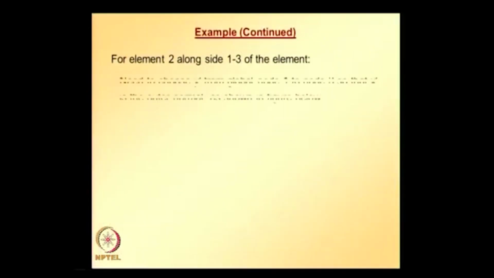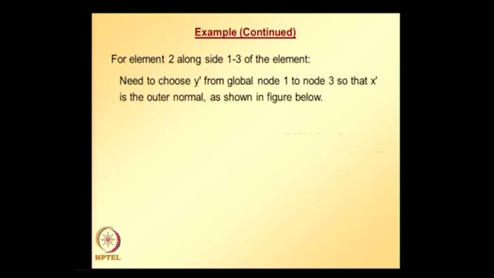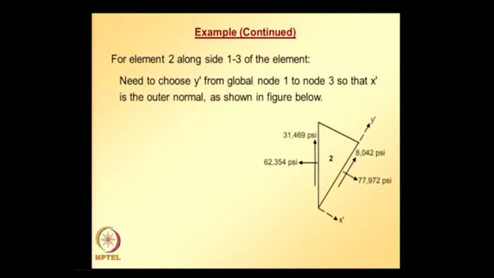For element 2 along side 1 3, let us define a coordinate system like this. Choose y prime from global node 1 to 3 and x prime is then automatically going to be the outer normal as shown in the figure. So here node 1 along line segment 1 3 corresponds to node 1 of the global coordinate system and node 2 corresponds to node 3 of the global coordinate system.